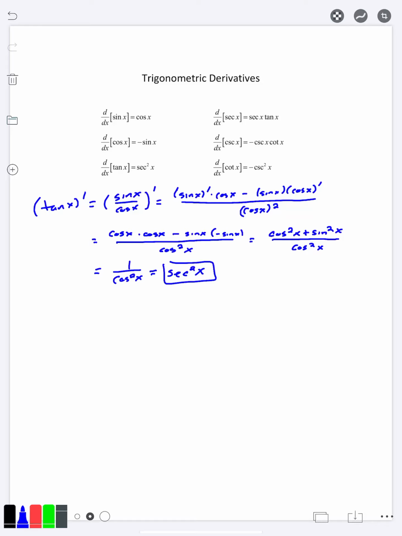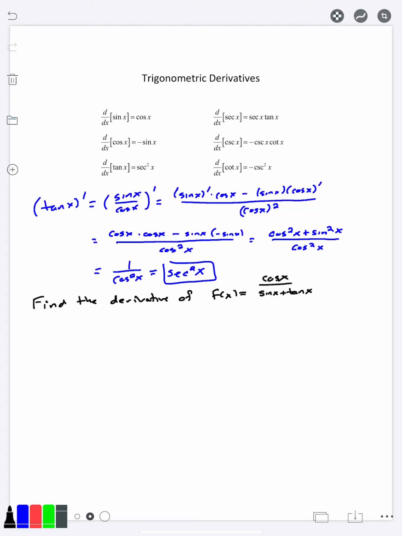So, for example, what if I wanted to find the derivative of f of x equals, how about, cosine x over sine x plus tangent x? So this is none of the simple 6 trig functions. This is a more complicated one. But we can still use things like the quotient rule to get our answer.